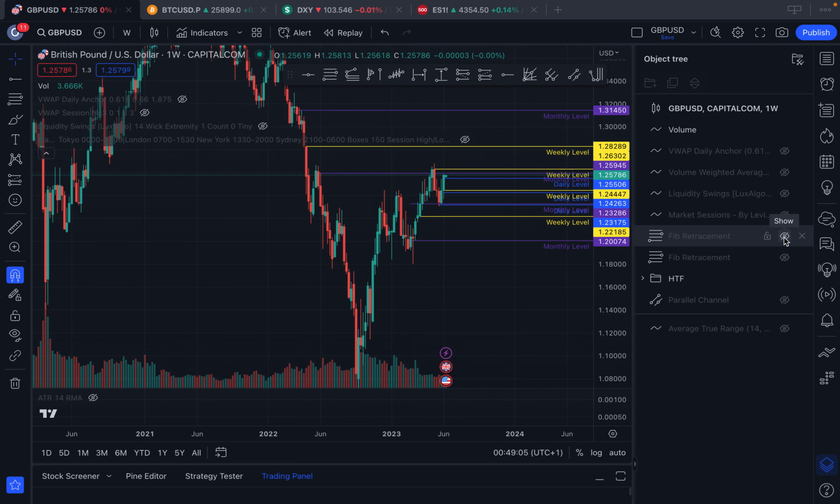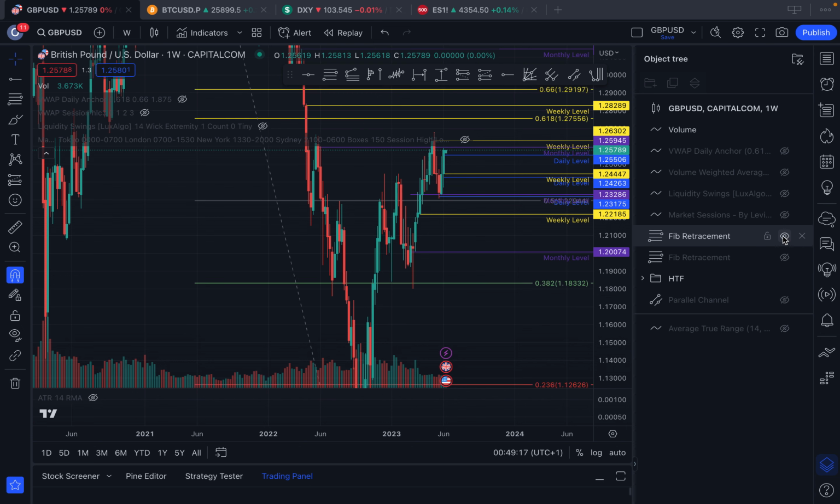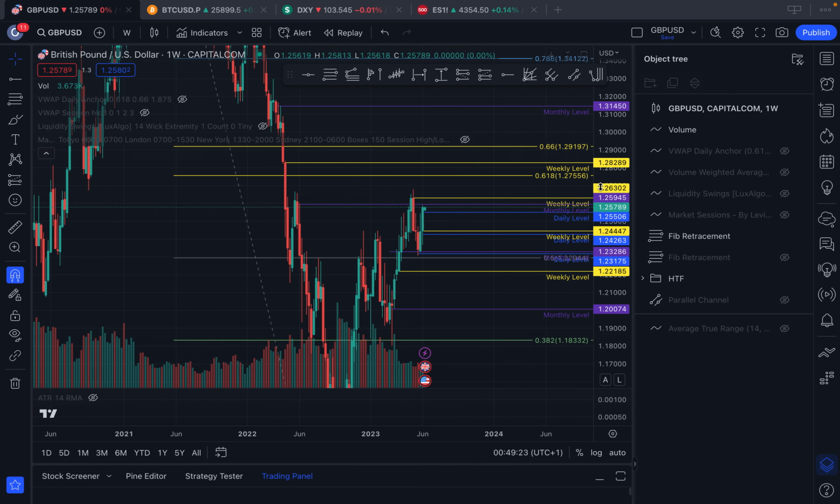Let's go back there. As you can see, we've got two weeklies. We've got the 1.28 and we've got the 1.26302. Turn on the fib retracement, the high time frame one. There we go. And so that weekly that we've got at 1.26 is just below the 618 level, and we've got this weekly 1.28 right bang in the middle.